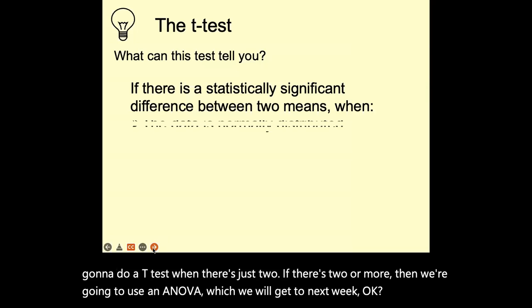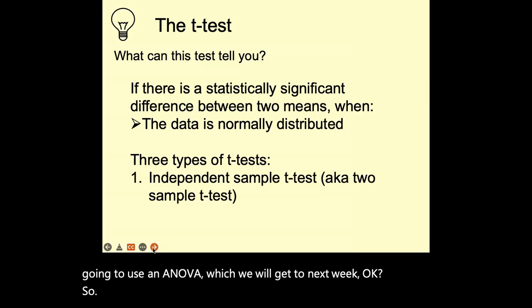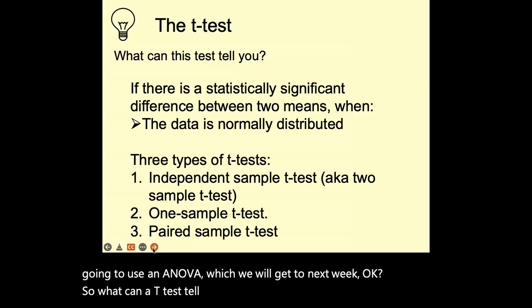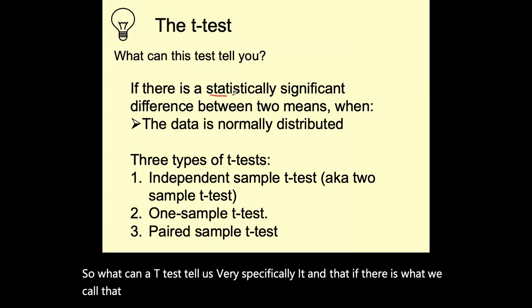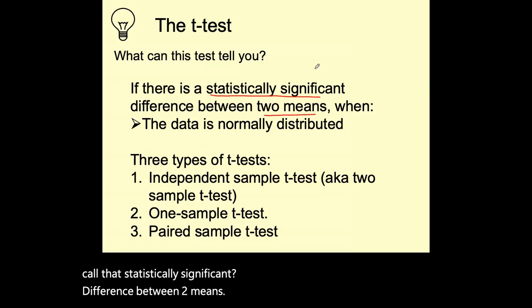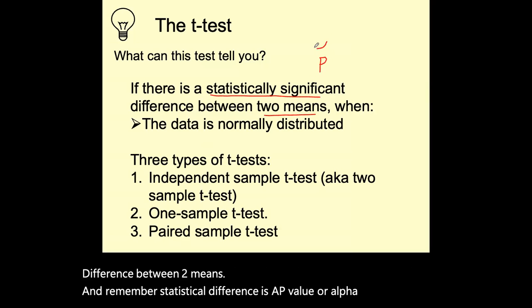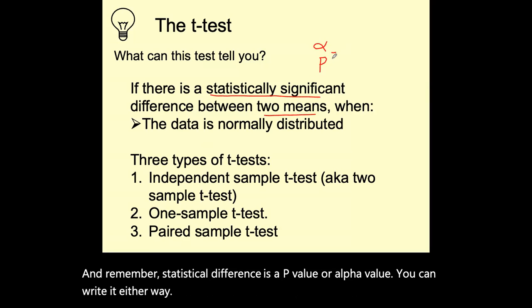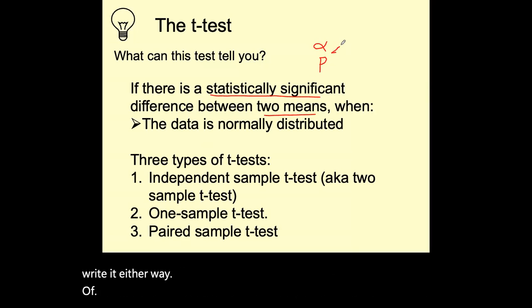So what can a t-test tell us very specifically? And that is if there is what we call a statistically significant difference between two means. And remember, statistical significance is a p-value or alpha value, you can write it either way, of less than or equal to 0.05.